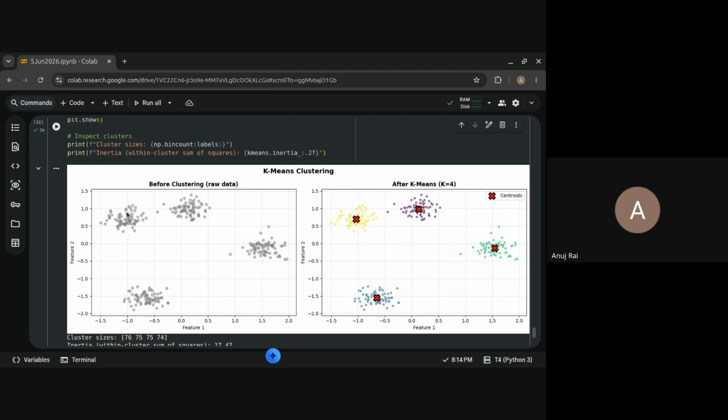And if it has 4 features, then it is very hard to determine where the center lies. So k-means clustering helps us determine the groups of clusters and then find the center of each cluster.